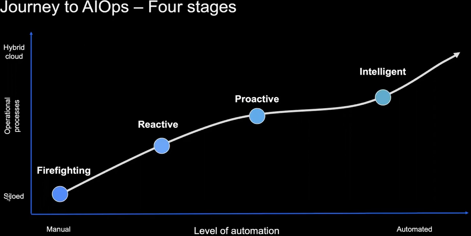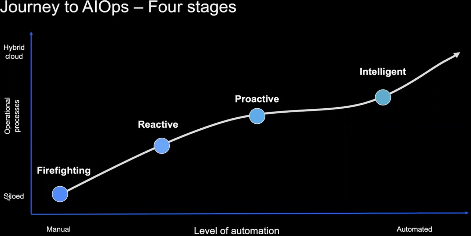It is where your IT organization really isn't prepared for issues, where you have performance problems and outages on a regular basis. The result is you have to throw your skilled personnel at the problem to resolve it. You may have outages for long periods, and there is no opportunity to improve things.